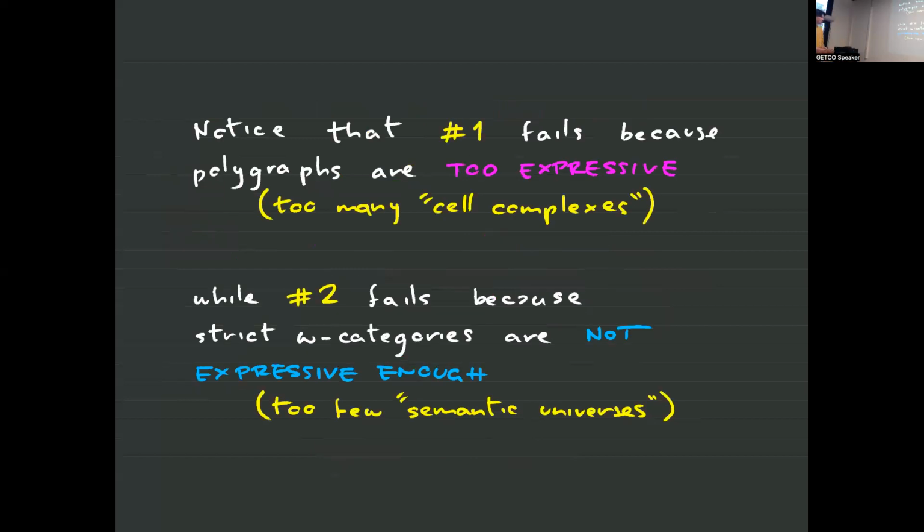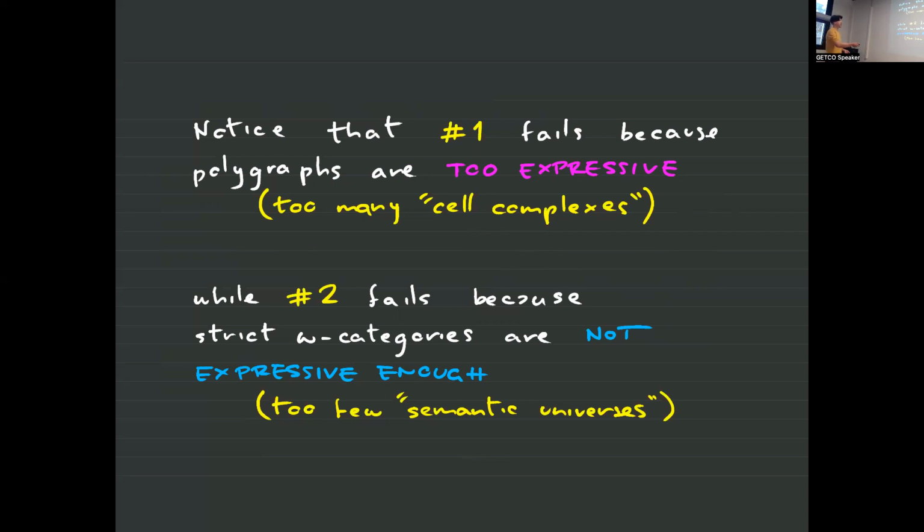And I'd like to point out that there is a kind of bargaining to do between number one and number two. The problem of topological soundness fails because polygraphs are somewhat too expressive, in the sense that there are too many gluing maps, so that not all the gluing maps can be interpreted as topological gluing maps.